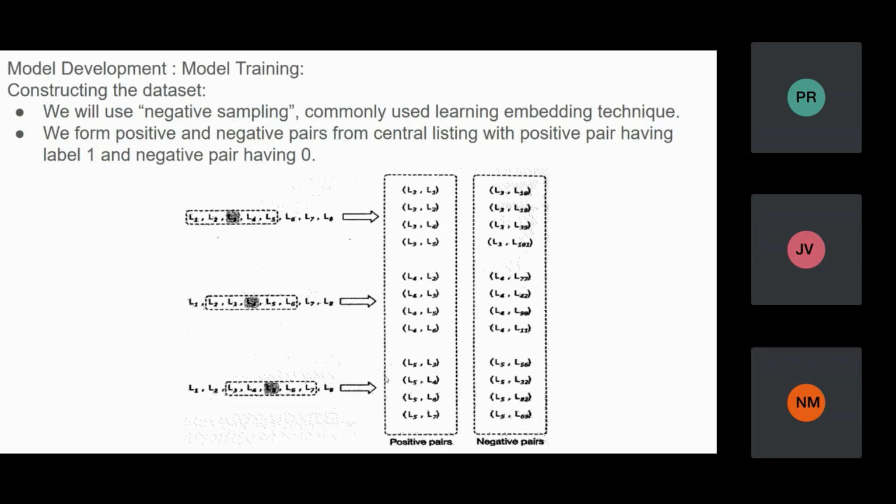This is what's happening in the diagram below, where we have L3, L4, and L5 as the central listing. And with respect to those, positive pairs have been formed. And with respect to those, the randomly sampled negative listings, the negative pairs, have also been formed.